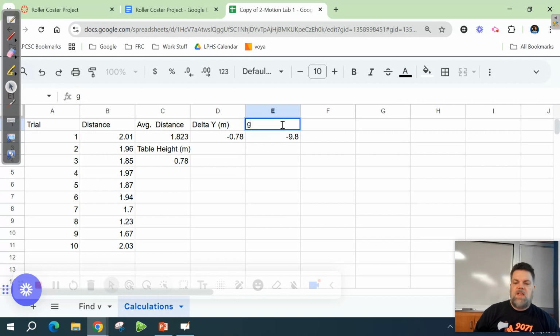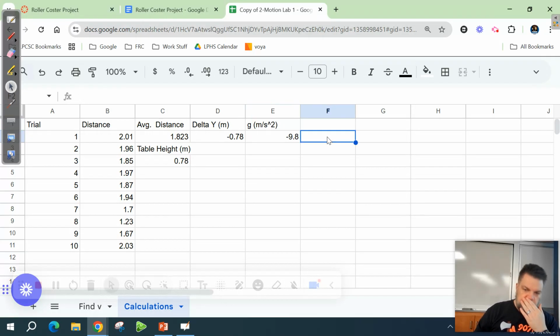And that unit is in meters per second squared. And then we need V sub x. Vx i, and that is just going to be in meters per second.